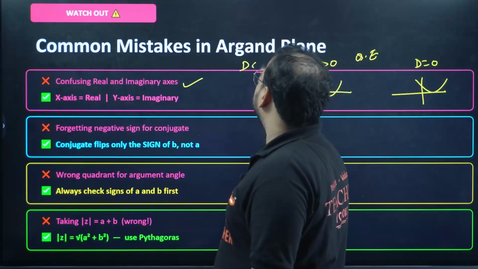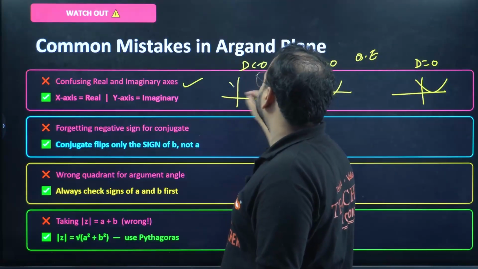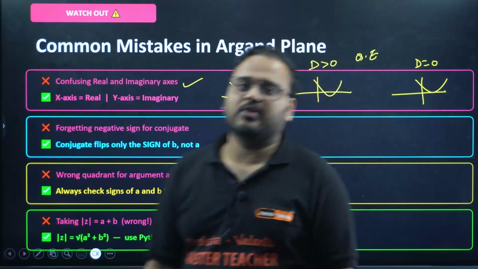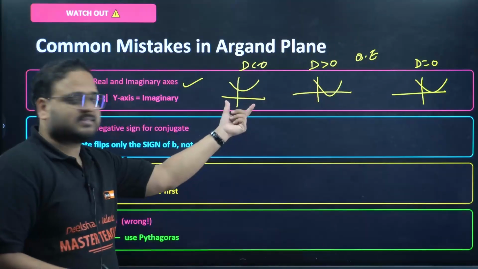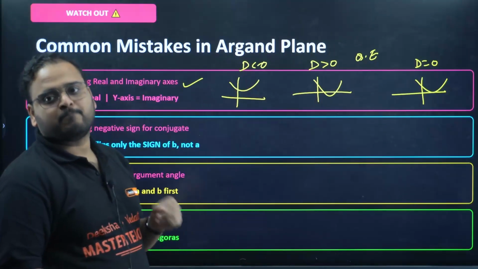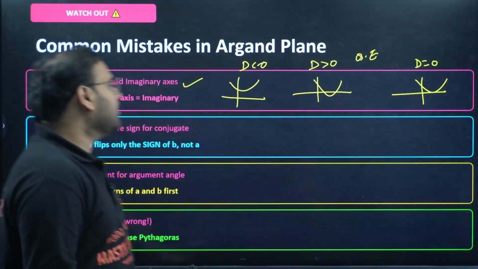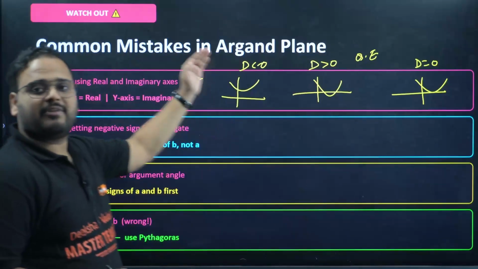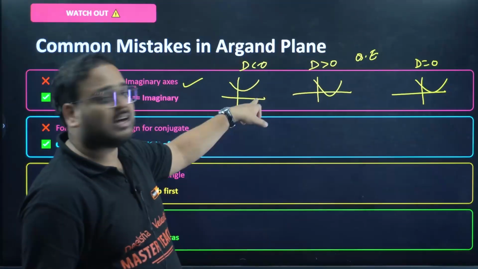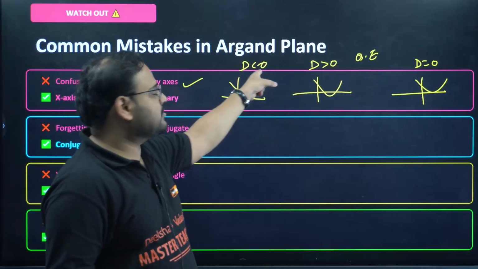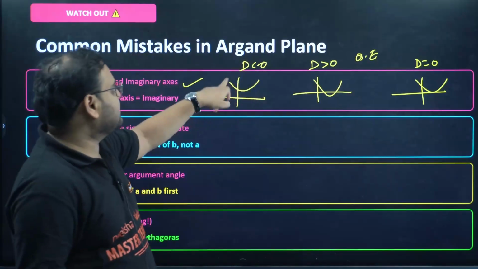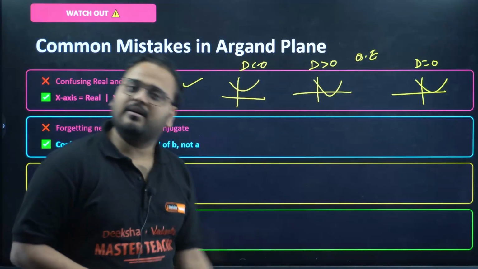But when d is less than 0, the graph, if you remember, was above the x-axis. There is no real value because it does not touch the real axis, only above. You can remember it like this if you want to. Always remember x is real, y is imaginary, because in this case the roots are imaginary, right? If d is negative, the roots are imaginary, and it does not touch the x-axis, so x must be real.